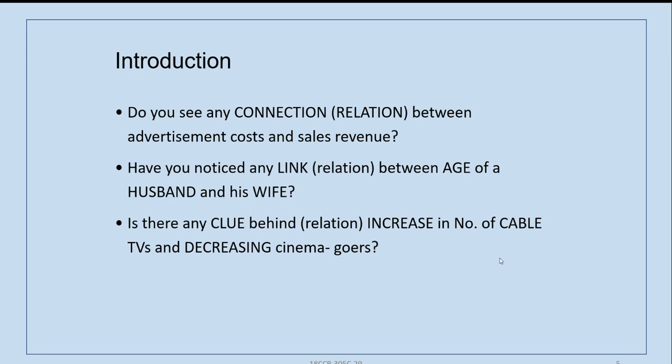And have you noticed any link between age of husband and his wife? Normally, this also is correct in the society. And is there any clue behind, or is there any relation behind the increase in number of cable TVs and decrease in cinema goers?